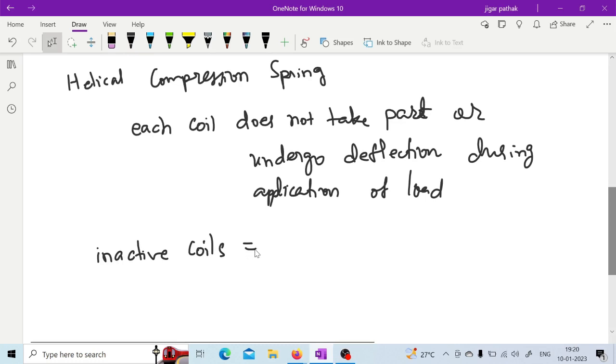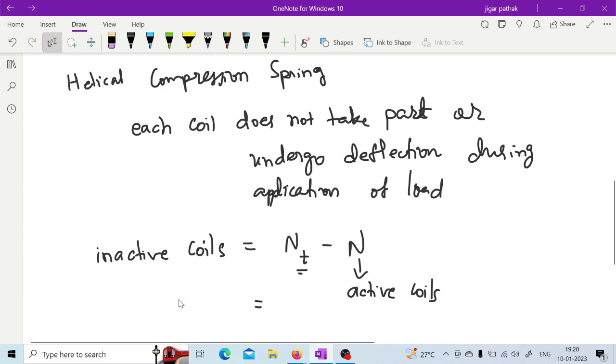So inactive coils can be calculated with nt minus n. This nt is the total coils, minus n, and n is nothing but the active coils. So you also have to keep in mind the number of coils taking part in deflection when the load is being applied.